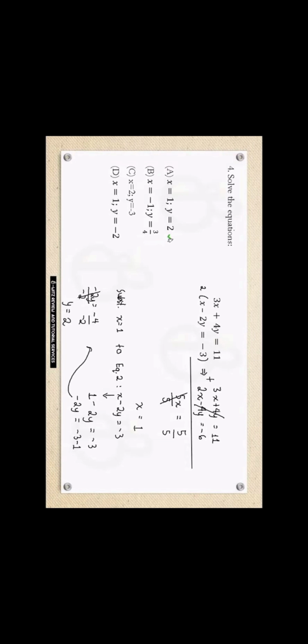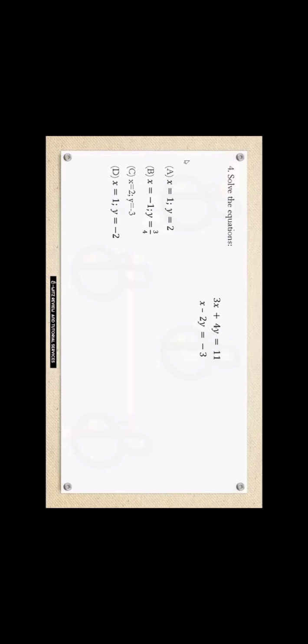Now for a shortcut technique here, you can test options by plugging in the given x and y values. For example, if you want to test letter A, we will have 3 times 1 plus 4 times 2 is equal to 11.